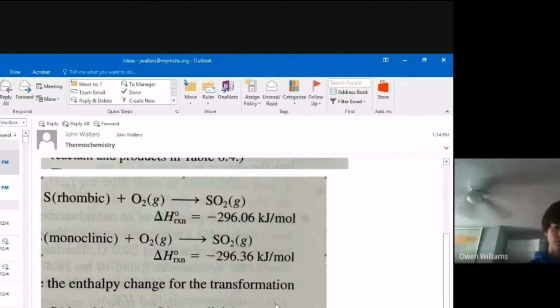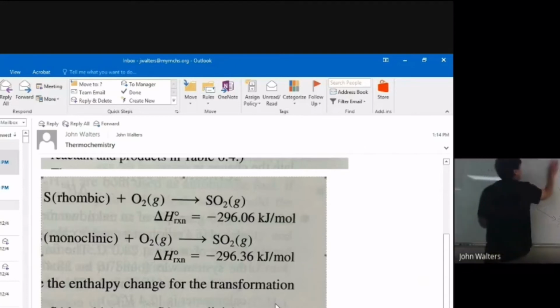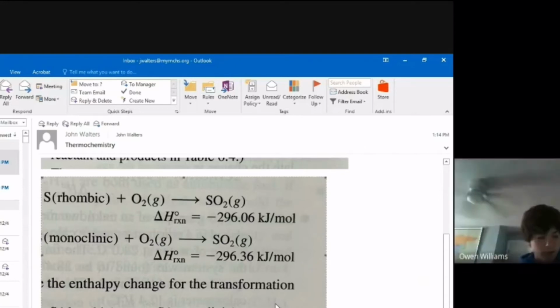I'm almost done. 1 second. Is it negative 0.03 kJ/mol?